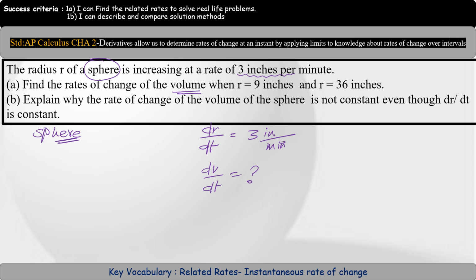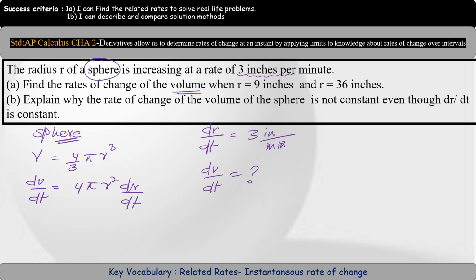So you have to write the formula for the volume of the sphere, that is 4 by 3 pi r cubed. And from the last two problems, we know that dV by dt equals 4 pi r squared dr by dt.